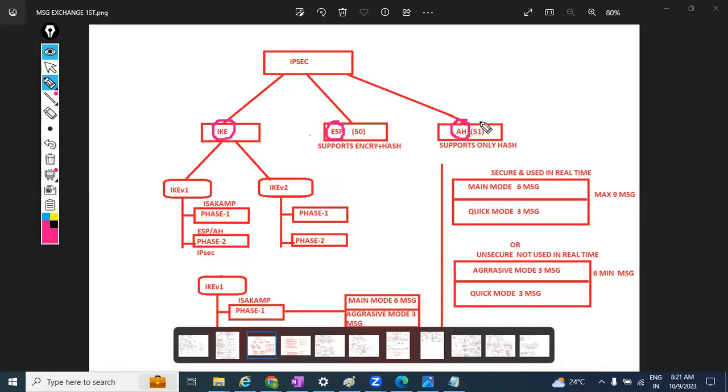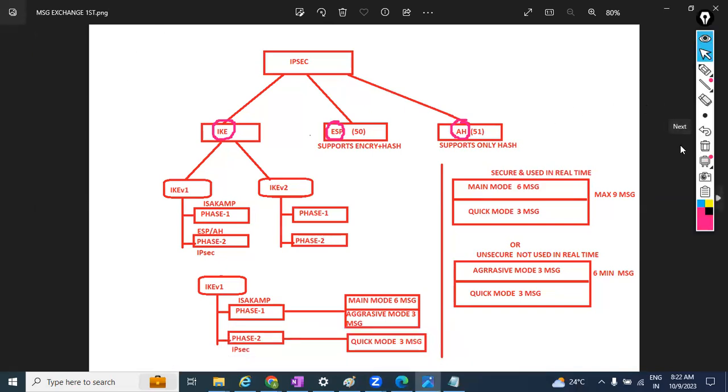Note it down. IKE means Internet Key Exchange.